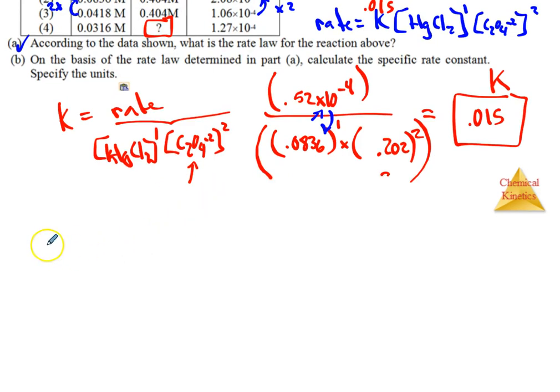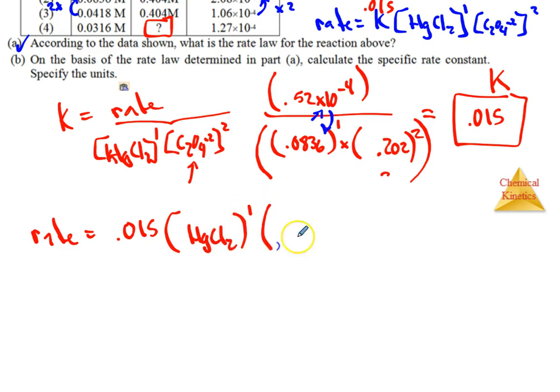Okay. So I'm going to rewrite this whole thing. So rate equals 0.015 times HgCl2 to the first times C2O4 2- to the second. Correct? All right. Now, this is my x. Are you okay with that?